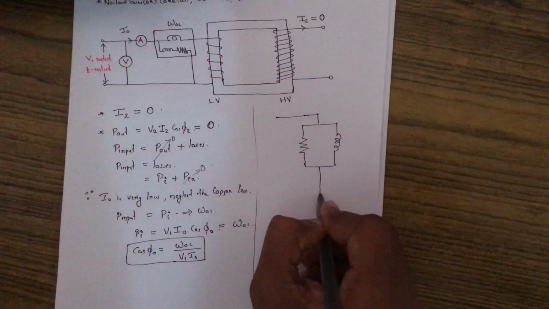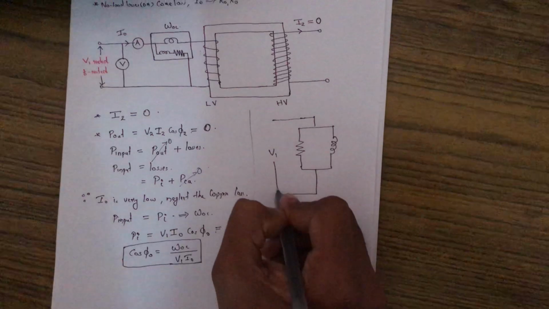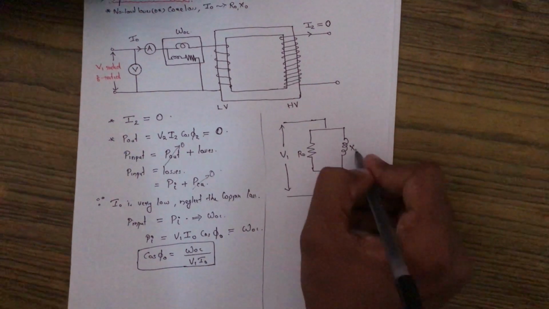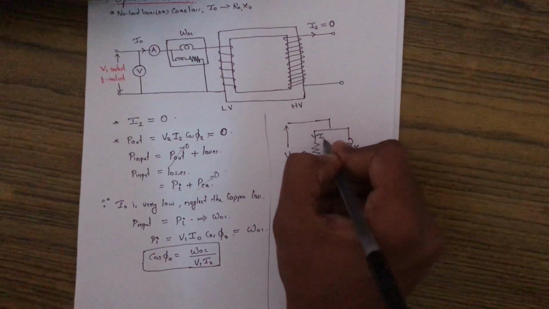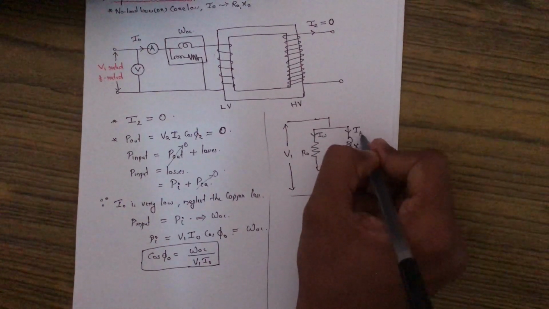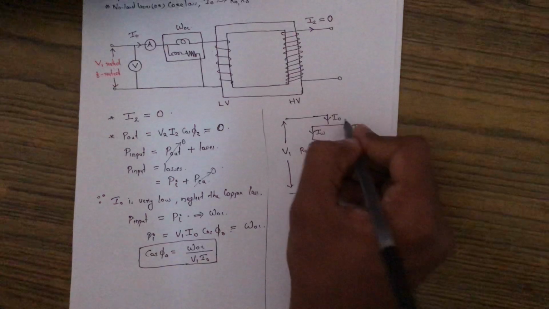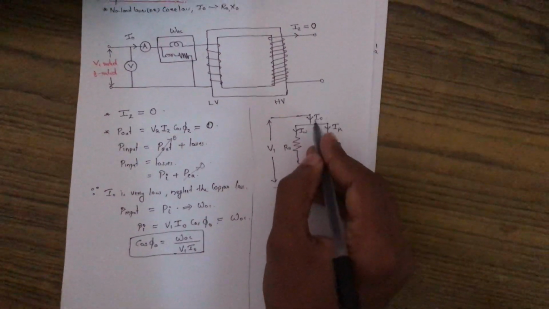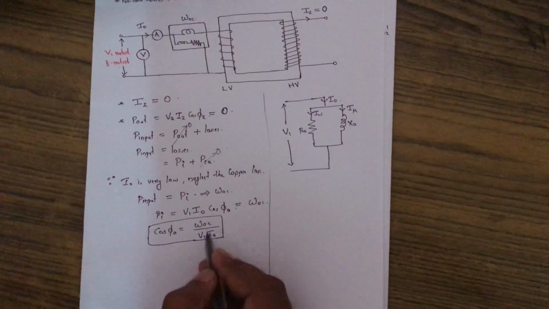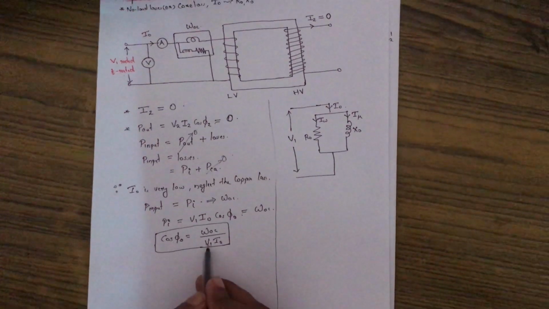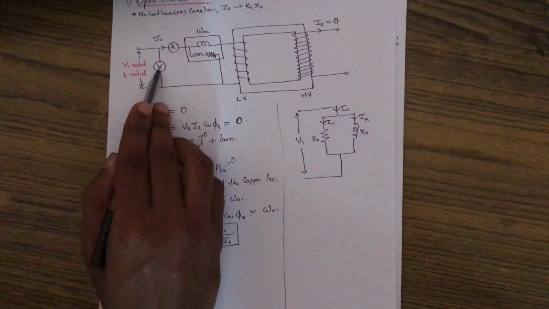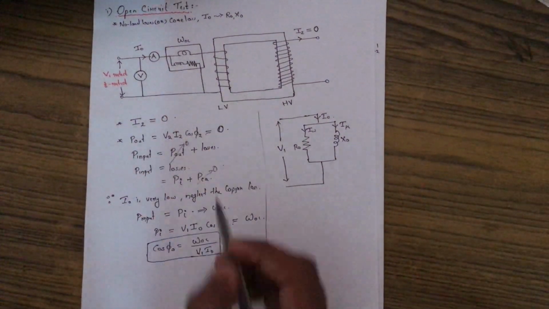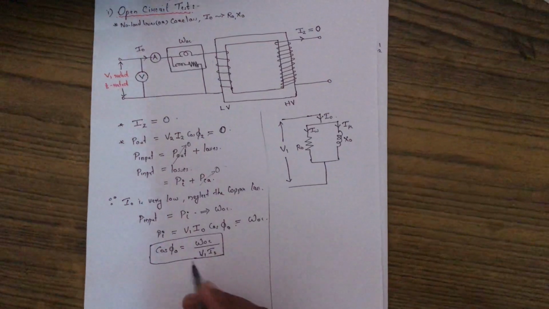V1 is the applied primary voltage, with R naught, X naught, IW and I mu, and this is I naught. The I naught can be read from this ammeter, the V1 can be read from this voltmeter, and the WOC can be read from this wattmeter. Then we can find the value of cos phi naught.